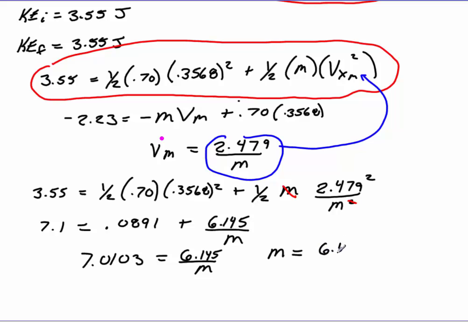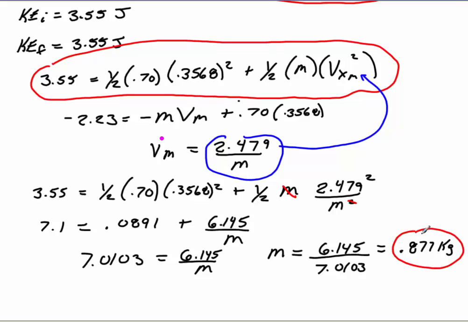That gives me 6.145 divided by 7.0103, and that gives me a value of 0.877. Okay, so that is going to be the larger value of the mass.